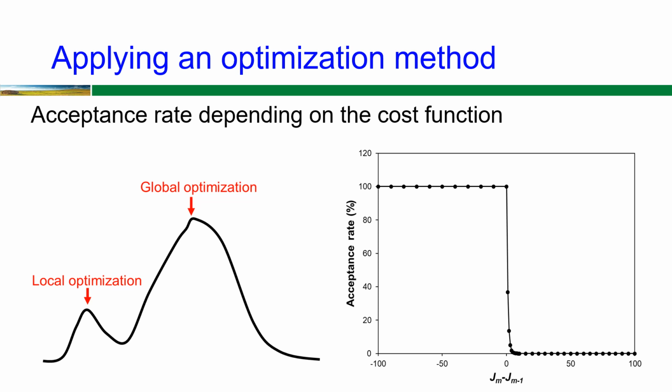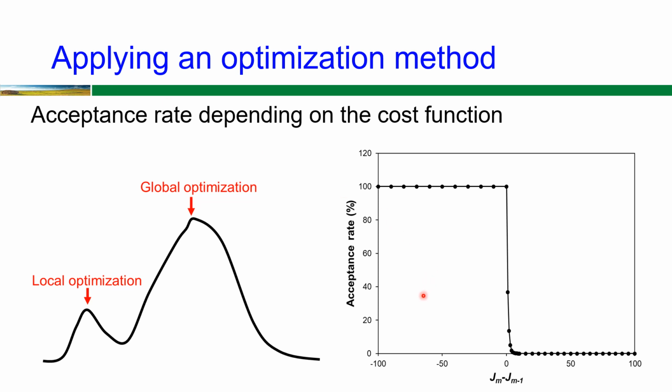Recall that the purpose of data assimilation is to derive global optimizations for parameters. Allowing a chance to accept proposed parameters even with the increased mismatch between simulations and observations can avoid the parameter estimation being trapped in local optima. But the chance to accept proposed parameters decreases steeply with the increase in simulation-observation mismatch.